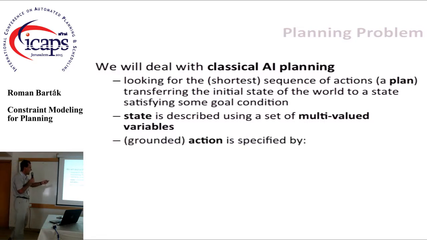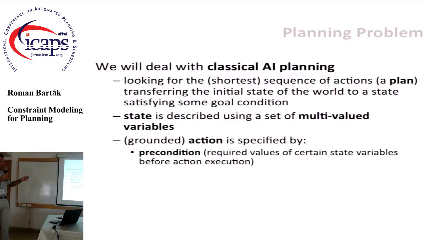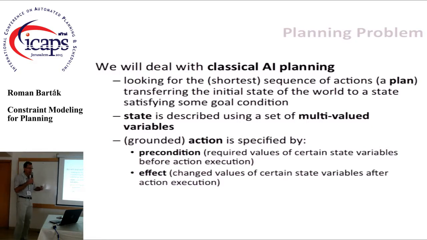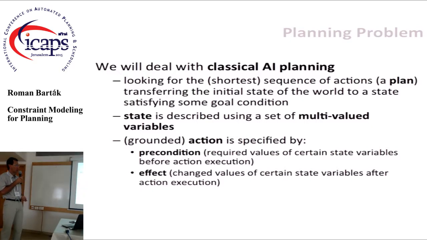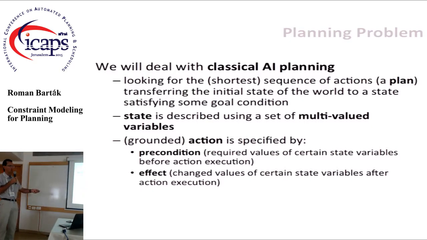And an action will be described by preconditions, which will be constraints over the state variables, and we'll assume that these constraints will always be in the form variable equals some value. Robot is at location 1, and the effect will be assigning of values after applying the action to a given state. So it will be a description of how we change the value of certain state variables. And I'm talking about grounded actions, not about operators.